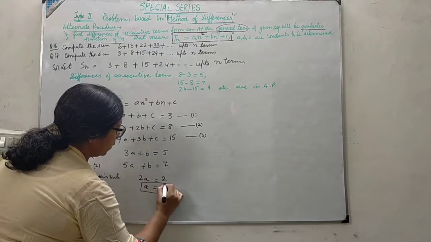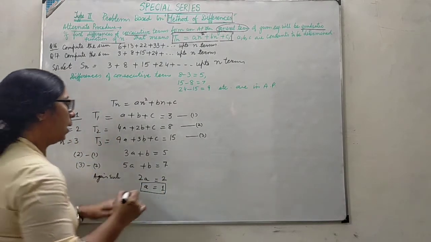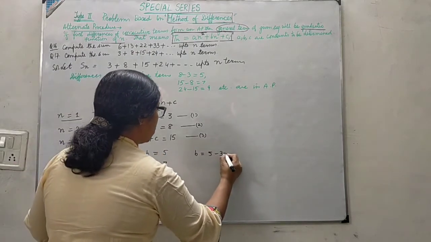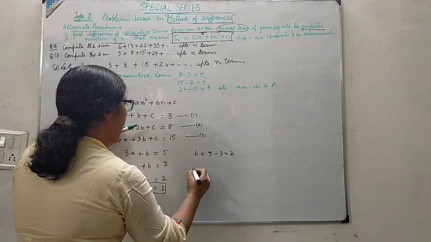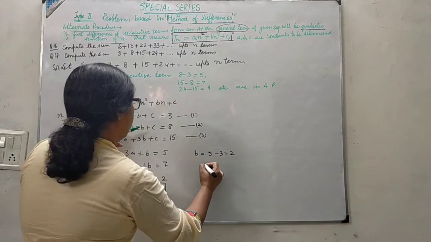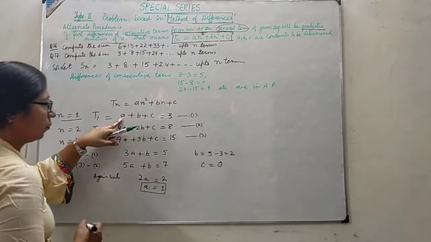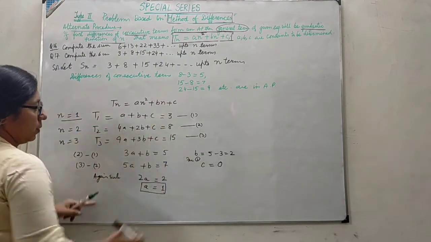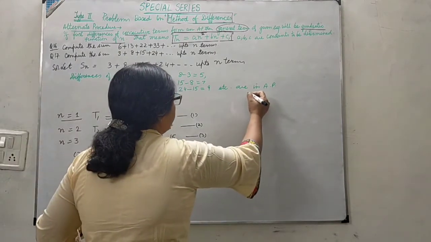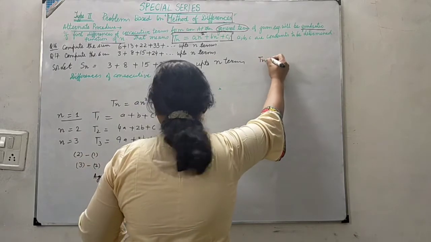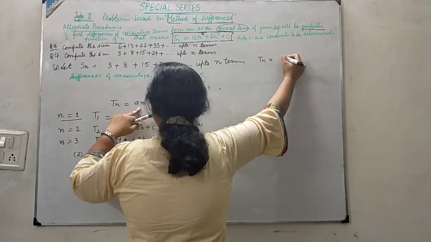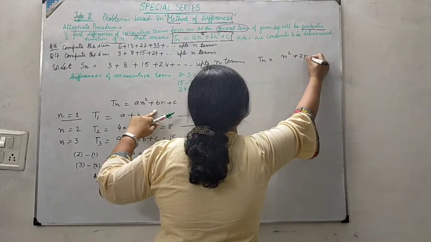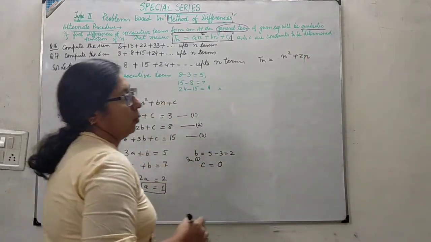This is by chance, in the previous question also a was 1. After that b comes out to be 5 minus 3, that is 2, and then we have c as 0, from 1 plus 2 is 3, so c is 0. So our Tn becomes n square plus 2n plus 0.